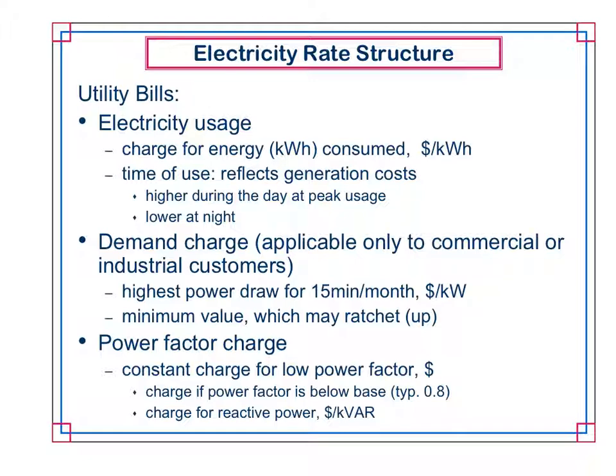So some generator someplace has to get paid for the actual energy that they put on the grid to service your needs. But also, the utility companies have to be compensated for providing the wires to get from that generator to your home or to your load. So your bill usually has an energy charge as well as a utility charge. Sometimes it's called a distribution charge.